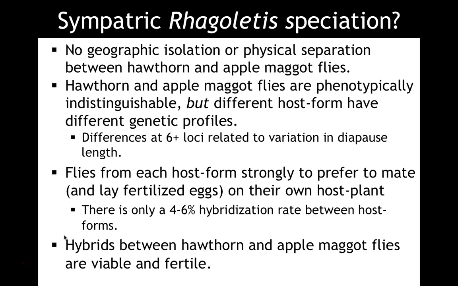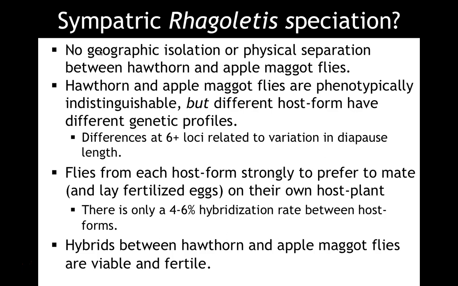Now, is this a case of sympatric speciation? Well, let's look at some of the evidence. The populations are sympatric, that is, they're found at the same location. Sym meaning the same, patric meaning country, so same country. So hawthorns and apples are found in the same places geographically, so there are no barriers and no clear gradients between them.